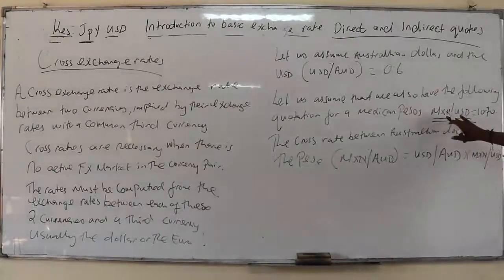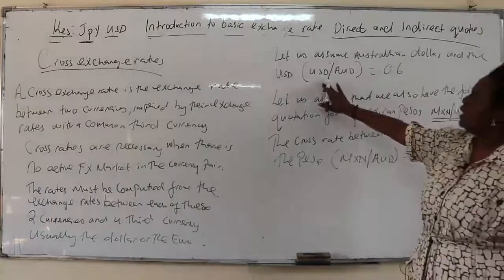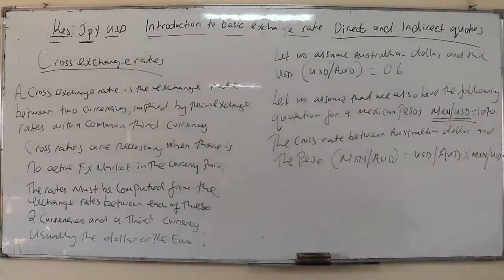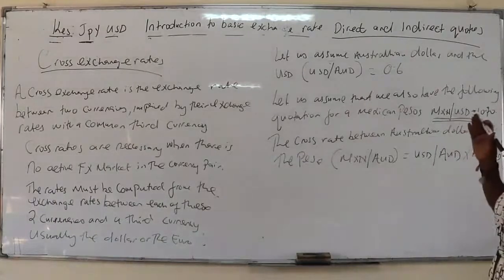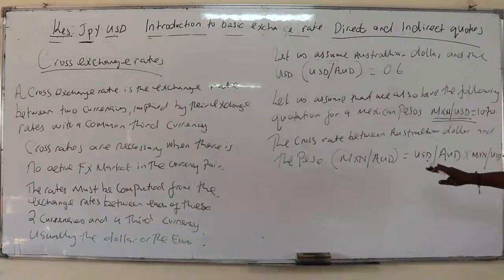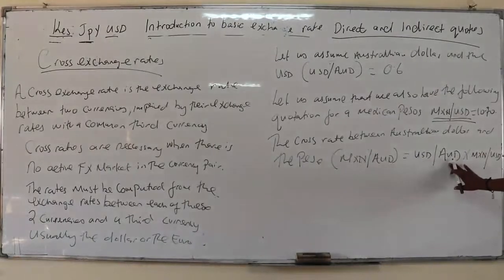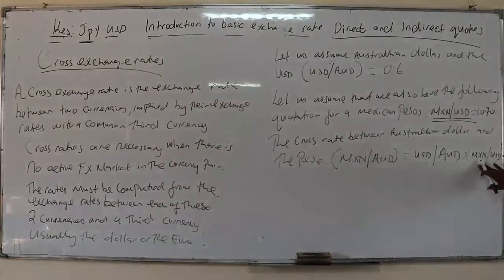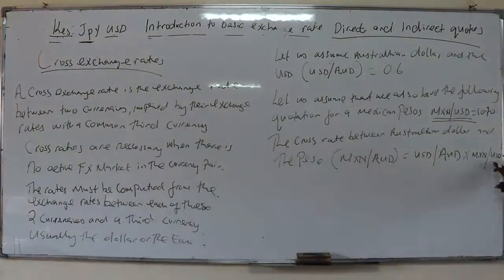Because we have the Mexican peso expressed in the US dollar, and the US dollar expressed in the Australian dollar, it is easy to get the cross rate, or the value of 1 Mexican peso in Australian dollars, which is given by the US dollar per the Australian dollar multiplied by the Mexican peso per the US dollar.